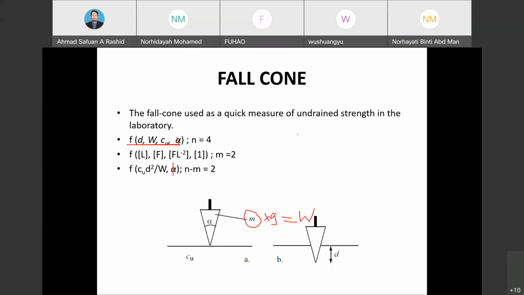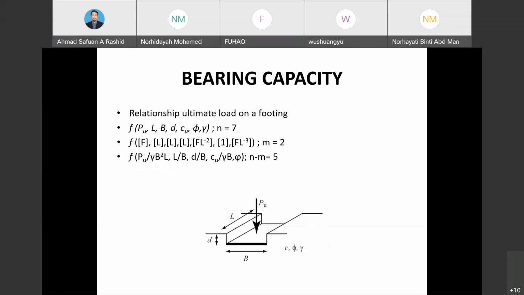In the standard methods, we use the thread rolling method or the Casagrande method. If you use this equation, we can use the fall cone method to determine the plastic limit value. So that is for the fall cone method.